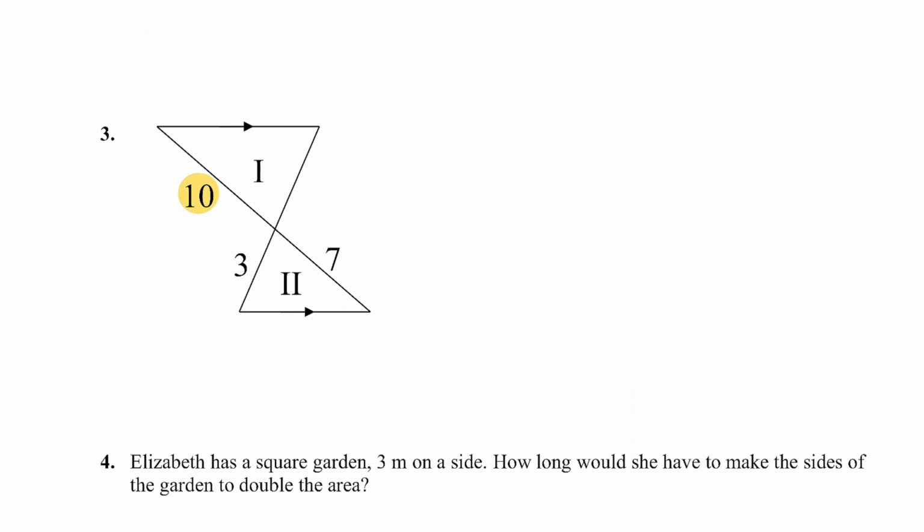With this, we have vertical angles, but this time we don't have a circle or right angles, but we do have alternate interior angles, which means, following the markings, the triangles are flipped around, and the 10 corresponds with the 7. So the area of triangle 1 to the area of triangle 2 is equal to 10 squared, which is 100, over 49.